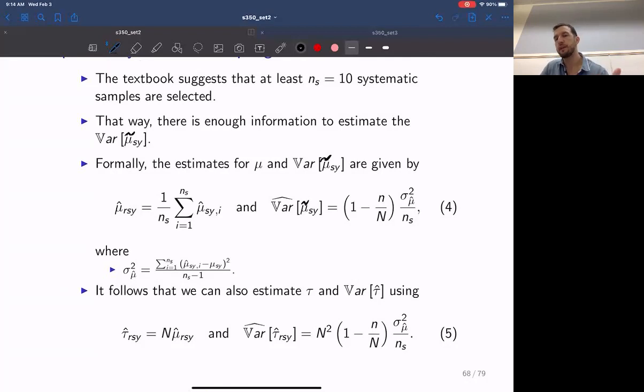Instead of taking each observation, subtracting the mean, squaring that and dividing by n minus 1, which is the traditional estimate of variation, we are now considering effectively the between systematic sample variance. So we're taking each of the means from each systematic sample and subtracting the estimate of the grand mean across the entire experiment and squaring that.